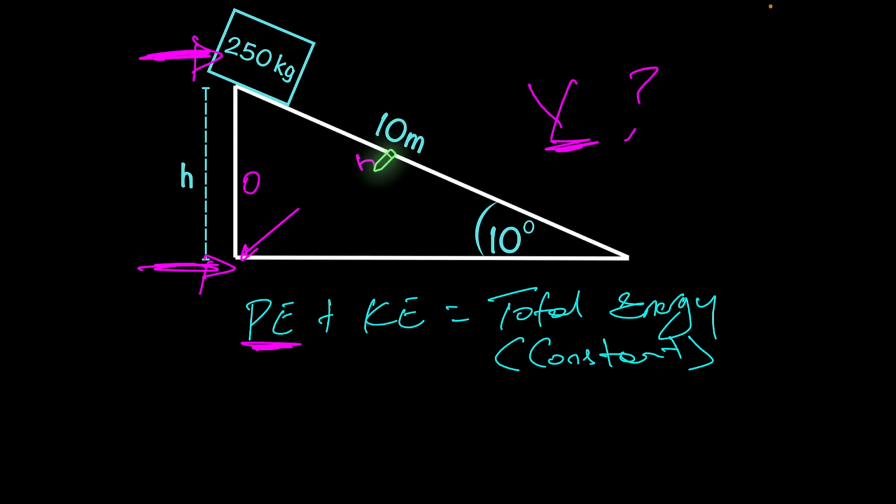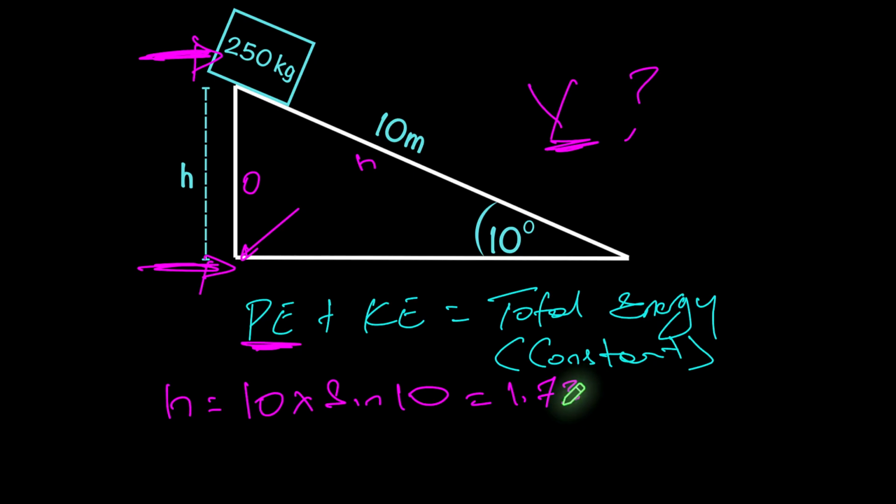To find our opposite side, which is h, we say h is equal to the hypotenuse, 10 meters, multiplied by sin of the angle, 10 degrees. Therefore we get an h value of 1.736 meters.